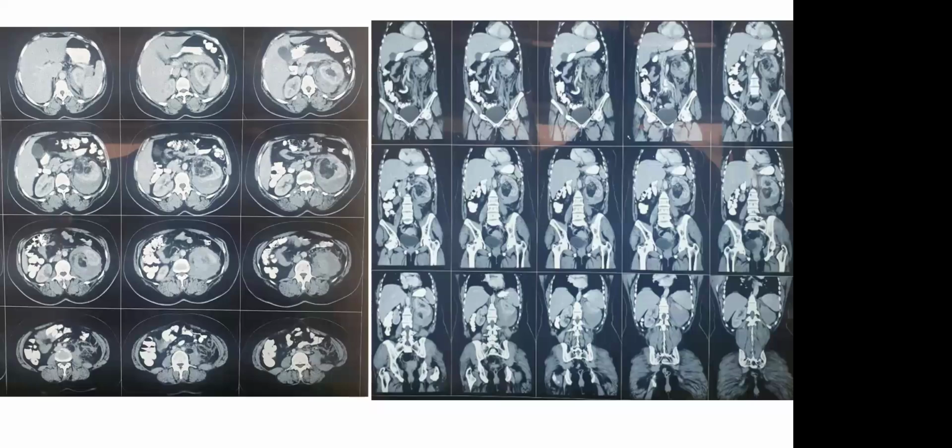This hypodense lesion with fat components, and you can see a large hematoma in the retroperitoneal region that is actually elevating the kidney right off the abdominal wall there. And if you go to the next slide.